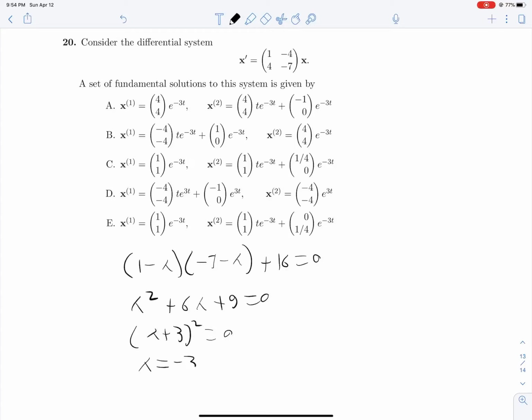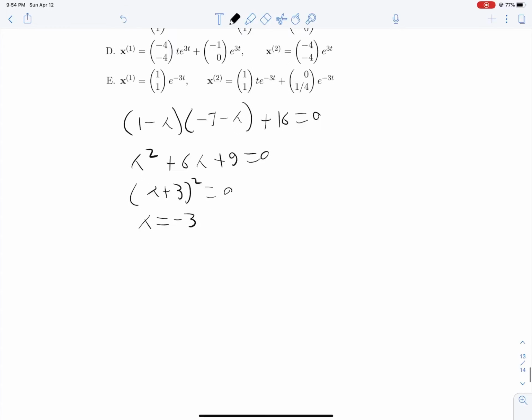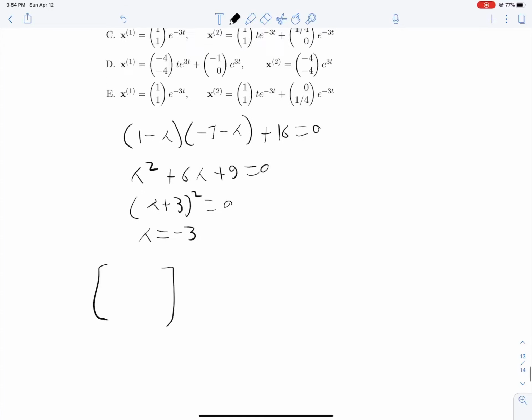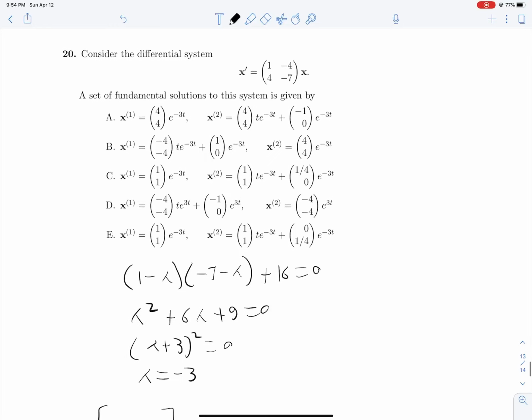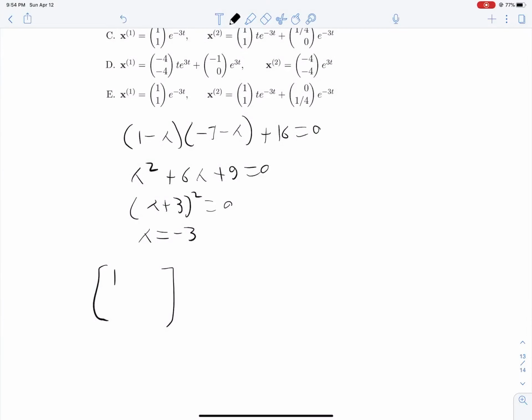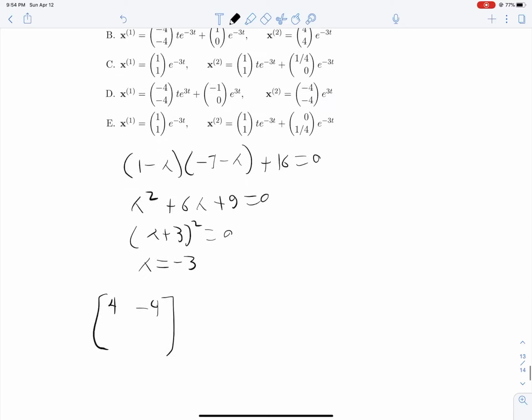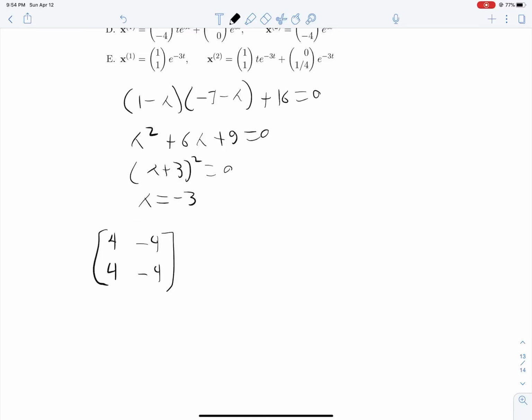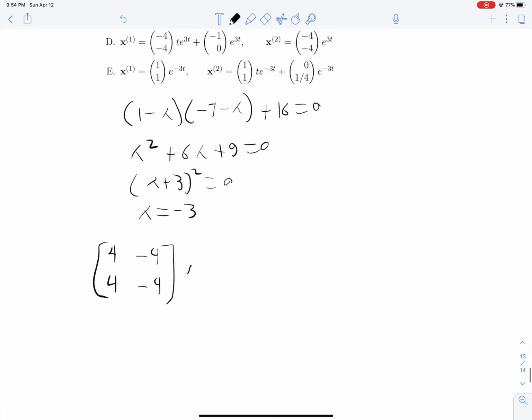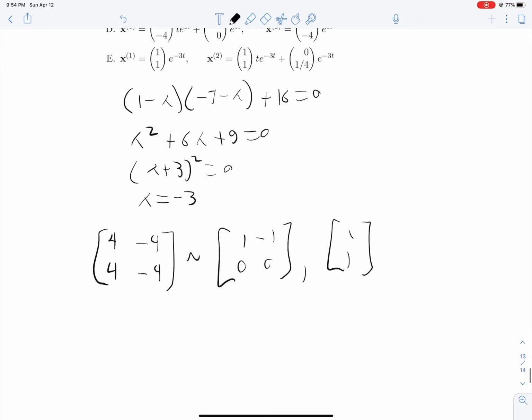Lambda is equal to -3. For lambda equal to -3, A minus lambda I will give us 4, -4, 4, -4, which simplifies down to 1, -1, 0, 0, and we will get an eigenvector of 1, 1 out of the deal.